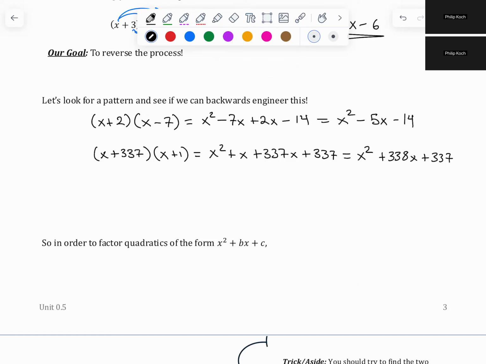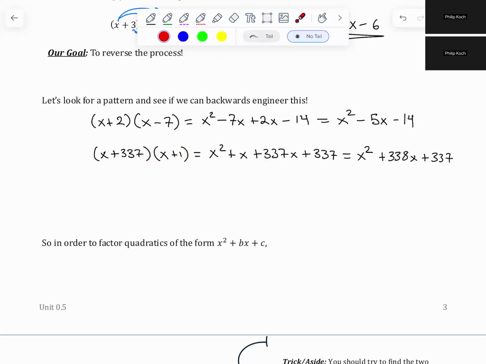So if we're looking for a pattern, if we're looking for things that become interesting here, notice that if the leading term is x squared, it always arises from an x plus or minus something times an x plus or minus something. So that means that when we're trying to factor quadratics of this form where the leading coefficient is 1, we definitely know that the first term in each of these binomials should always be an x.